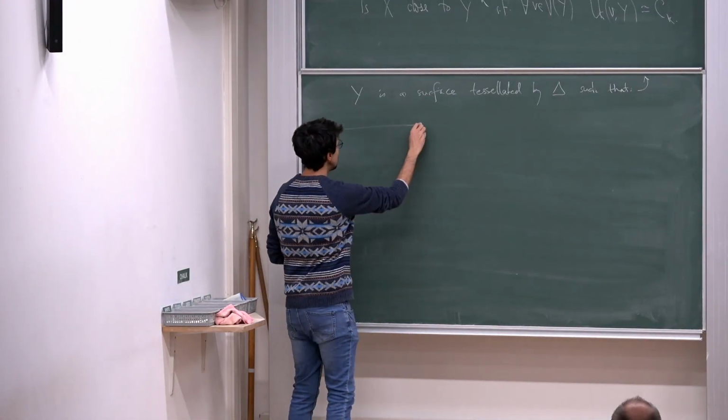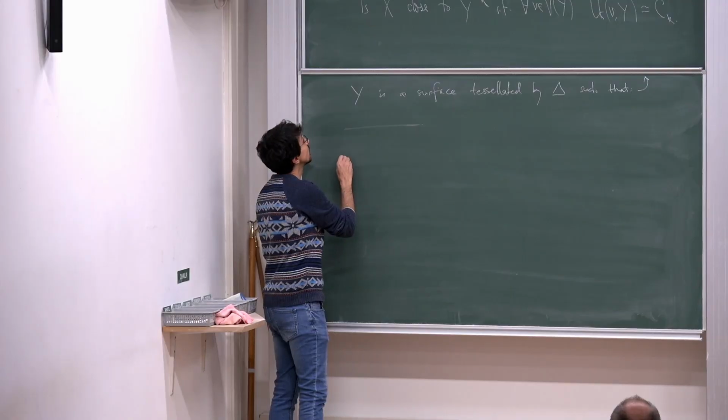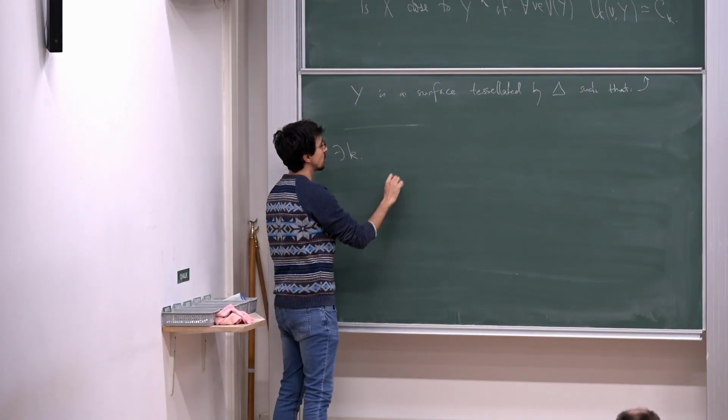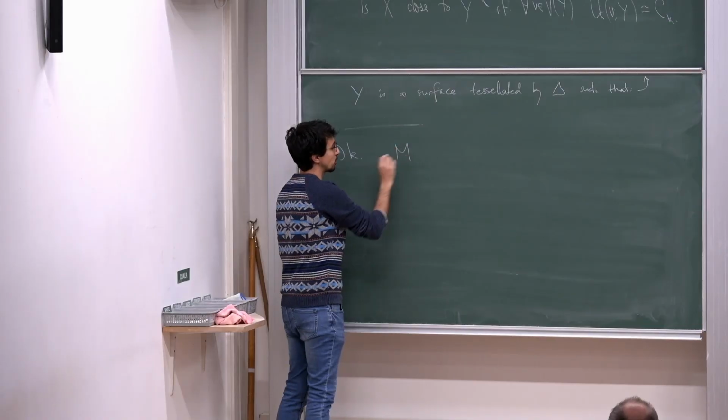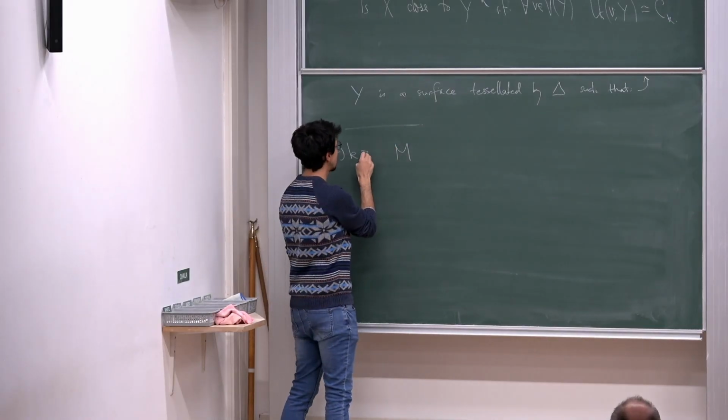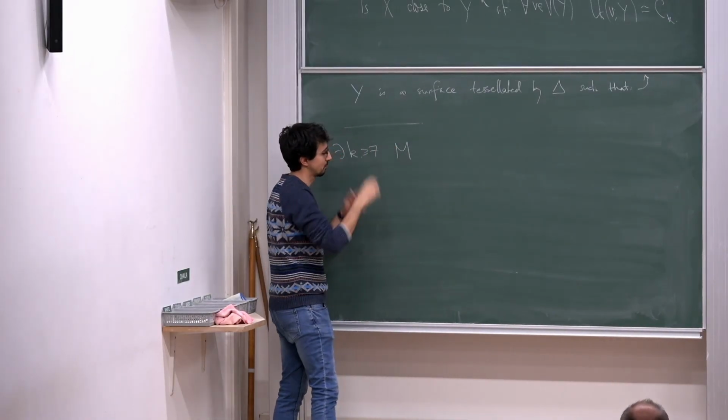So assume k is given, and maybe some bound M is given. Okay, so k is 7, M whatever.